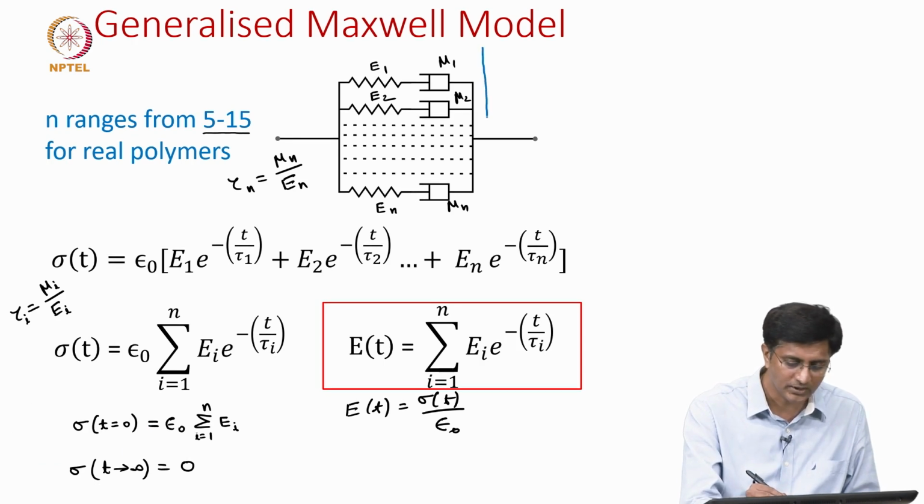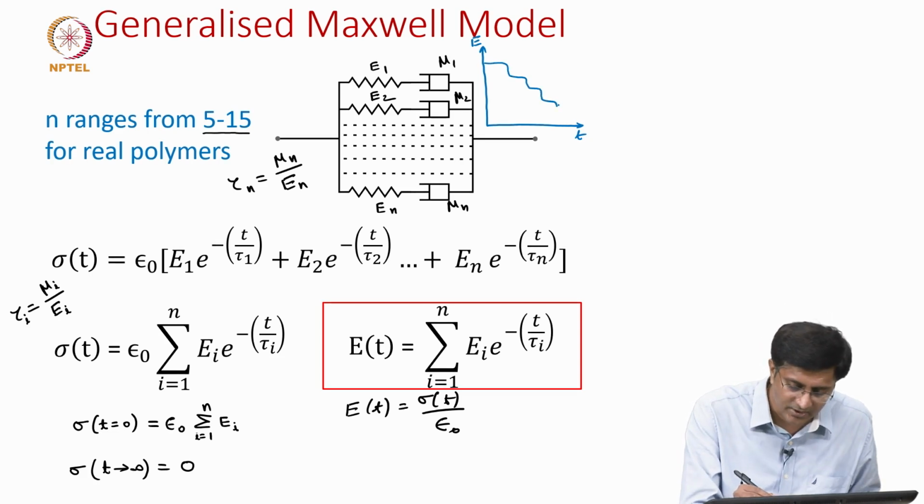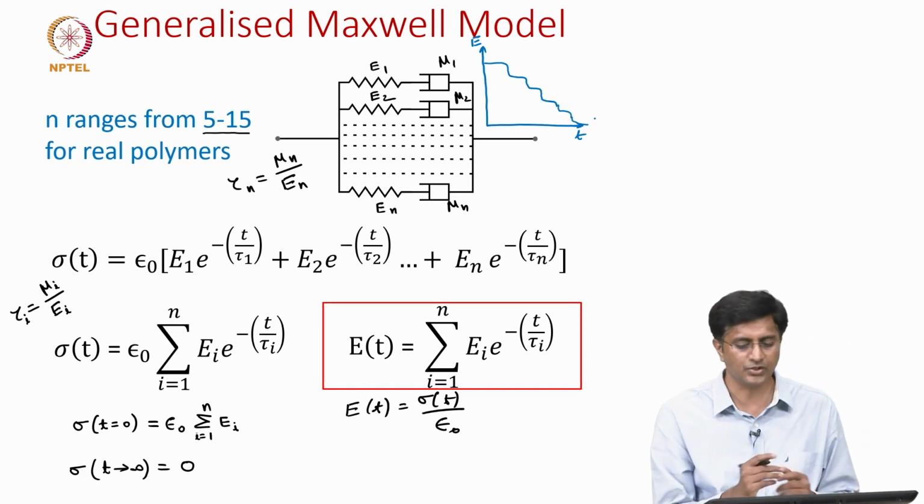If one is plotting in a log scale the changes in the relaxation modulus E with time, these steps are the relaxation times at which the modulus changes, and this should be approaching 0.